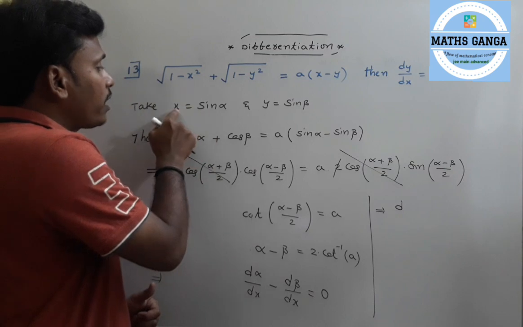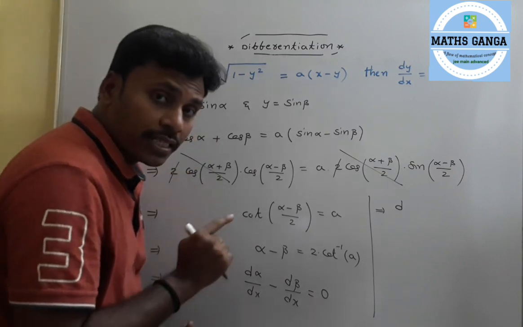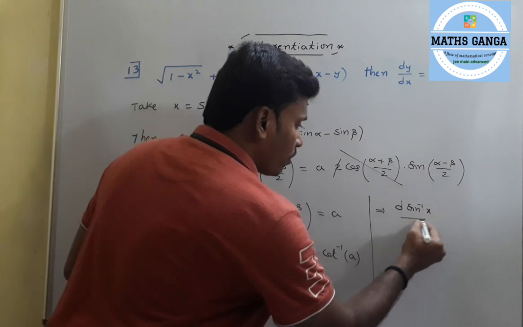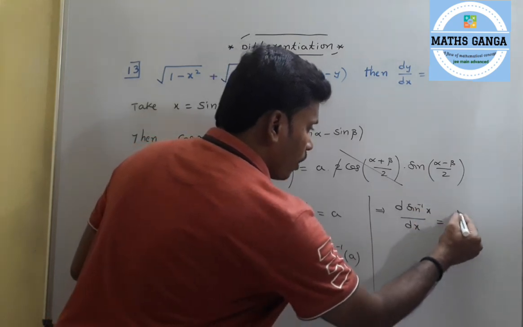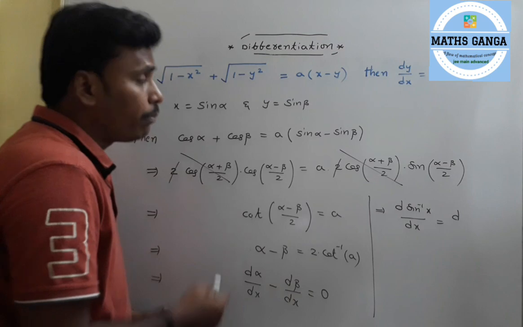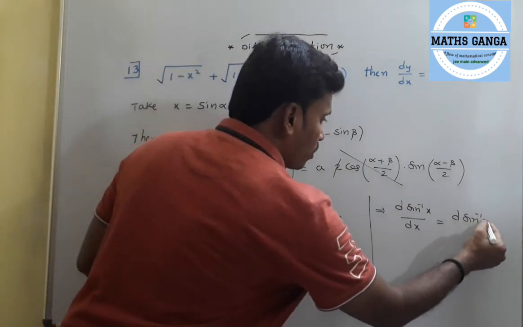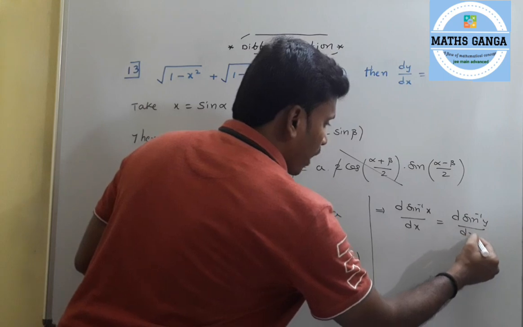So that implies derivative of alpha. See, sin alpha is x, then what is alpha? Sin inverse x. So derivative of sin inverse x with respect to x is equals to derivative of beta. Beta is what? Sin inverse y. Derivative of sin inverse y again with respect to x.